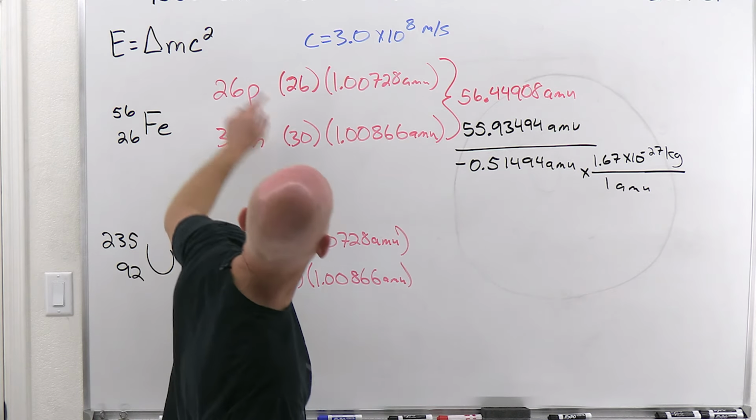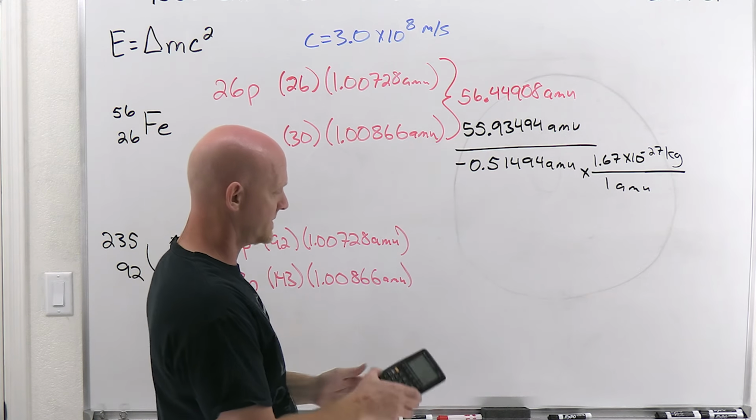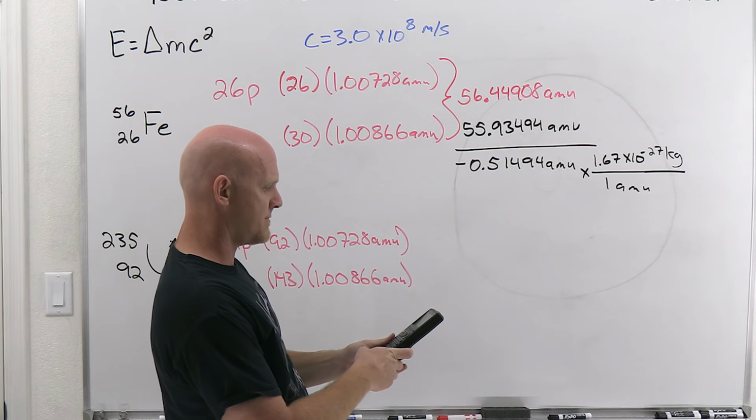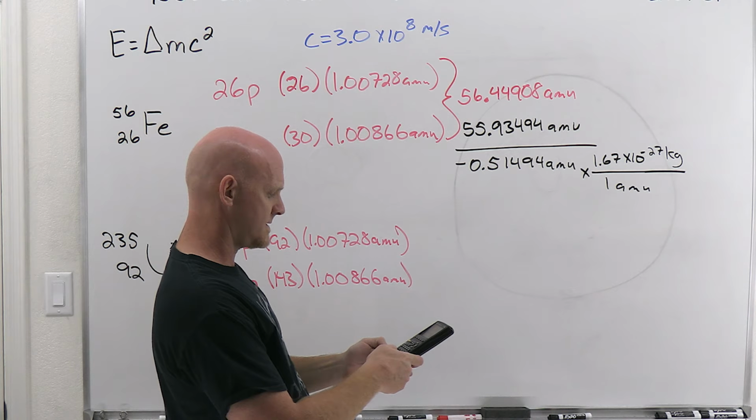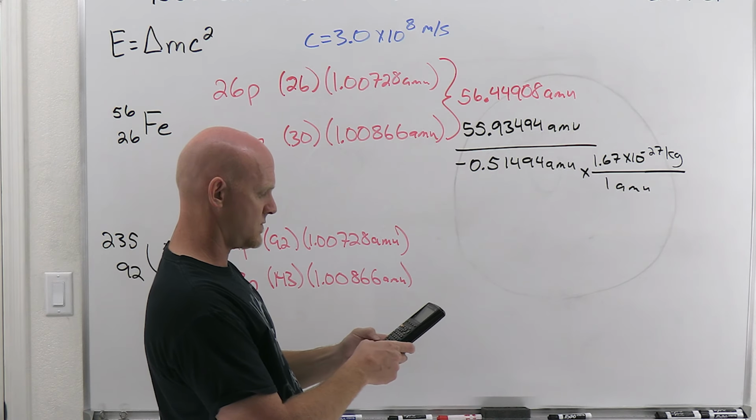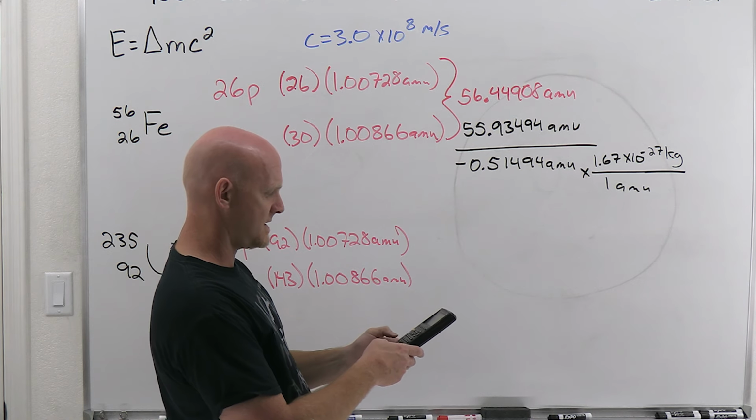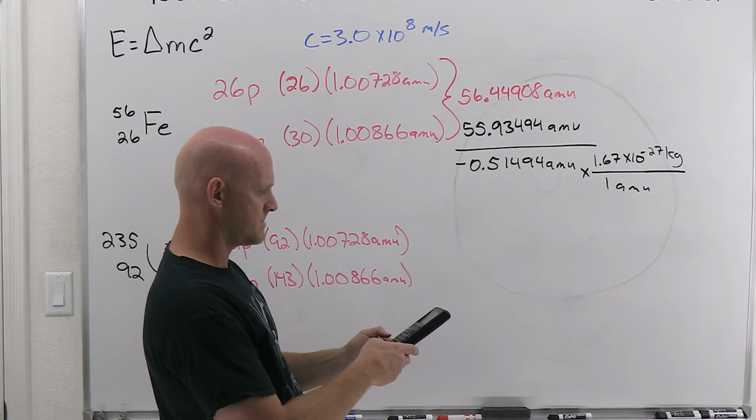Then we'll be able to multiply by the speed of light squared to get the total energy. So in this case, we'll take that 0.51414 times 1.67 times 10 to the negative 27.